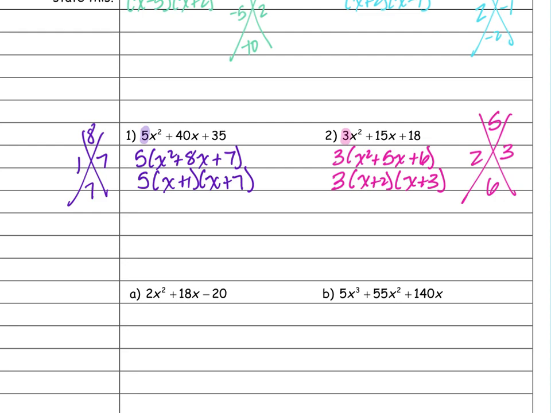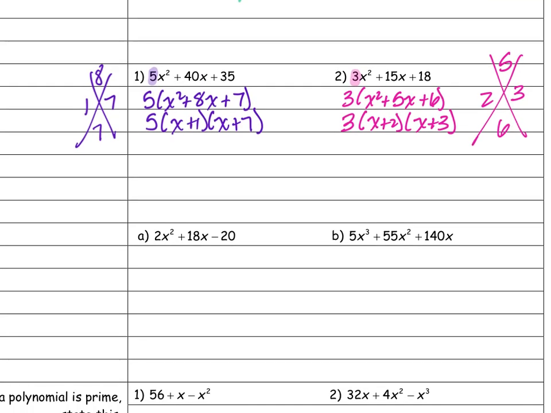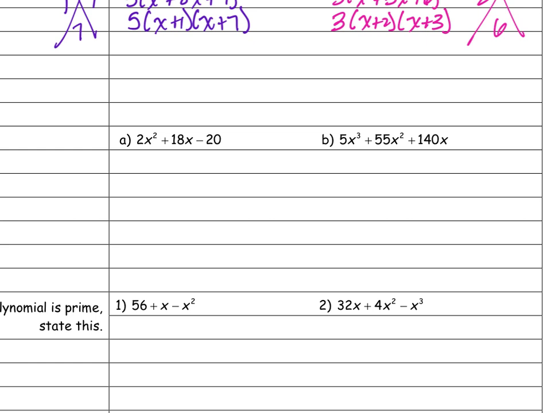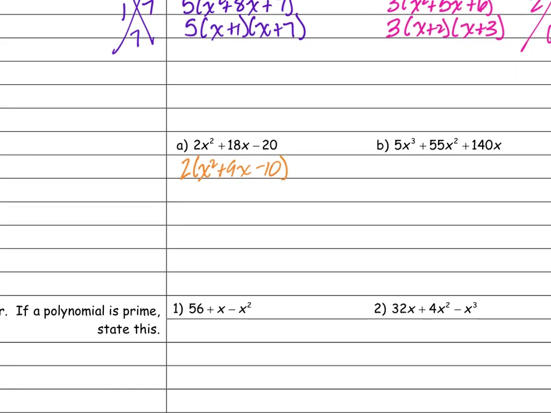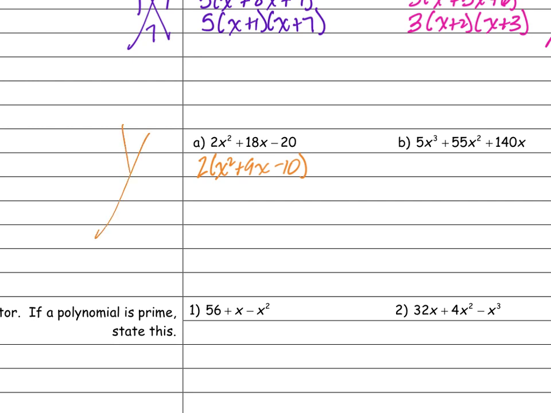Okay, so please do A and B. I'll give you a moment. So in the first problem, I'm going to factor out a 2. And I get left with x squared plus 9x minus 10. And then I'm going to factor the inside of that. And I'm going to say, give me two numbers that multiply to be negative 10 and add to be 9.